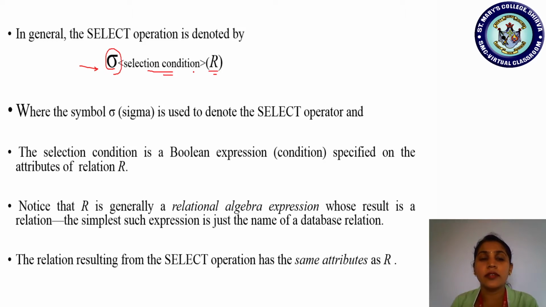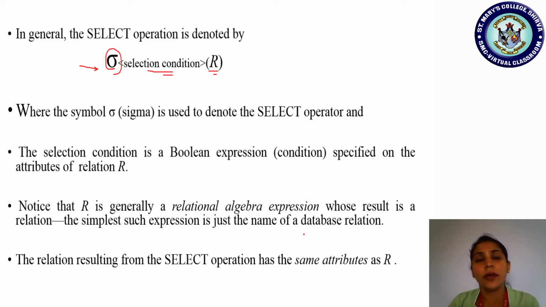Relation is the result; the result is itself a relation. So R is generally a relational algebra expression whose result is a relation. The simplest such expression is just the name of a database relation.